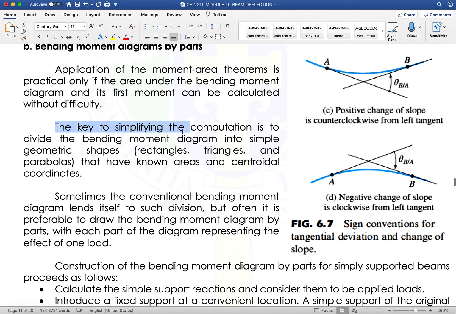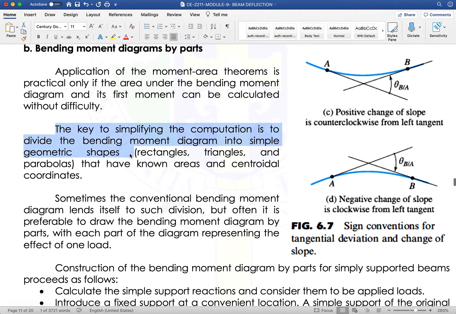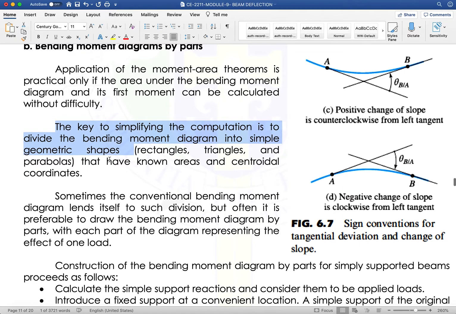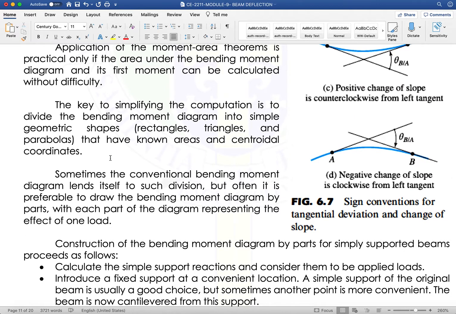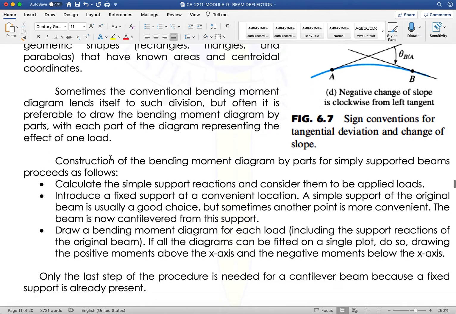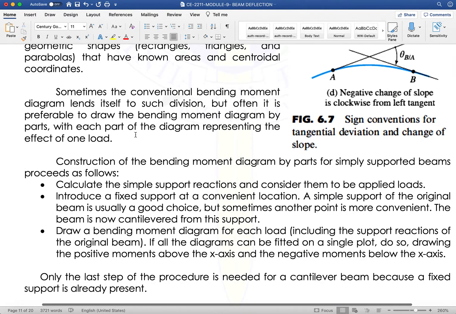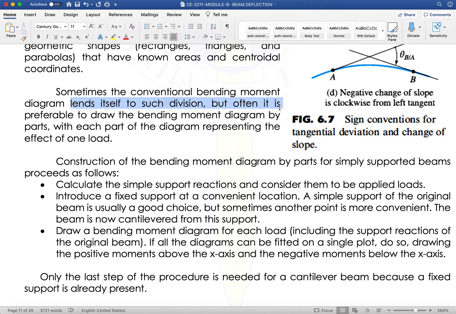So the key to simplifying the computation is to divide the bending moment diagram into simple geometric shapes: rectangles, triangles, and parabolas. So we have these three geometric shapes that have known areas and centroidal coordinates. Sometimes the conventional bending moment diagram lends itself to such division, but often it is preferable to draw the bending moment diagram by parts.